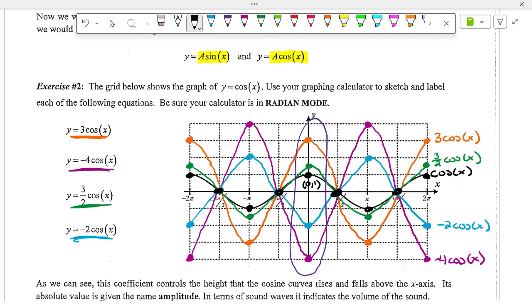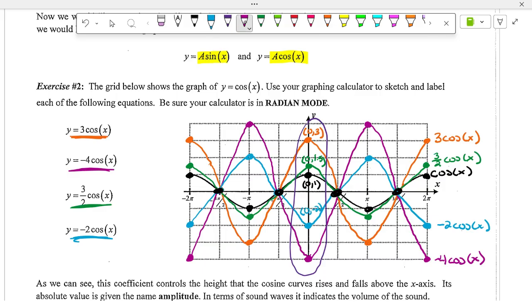Where's it at for the green graph? 0, 1.5. Where's it at for the orange graph? 0, 3. Where's it at for the blue graph? 0, -2.